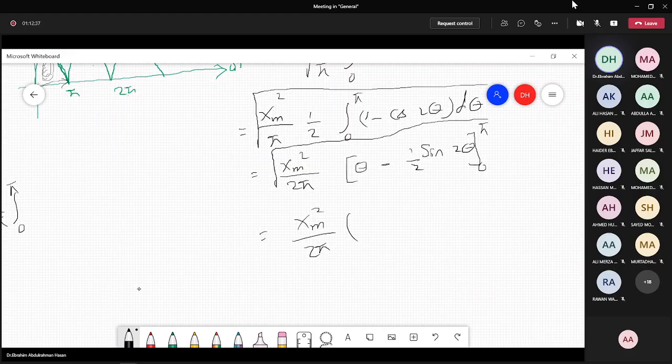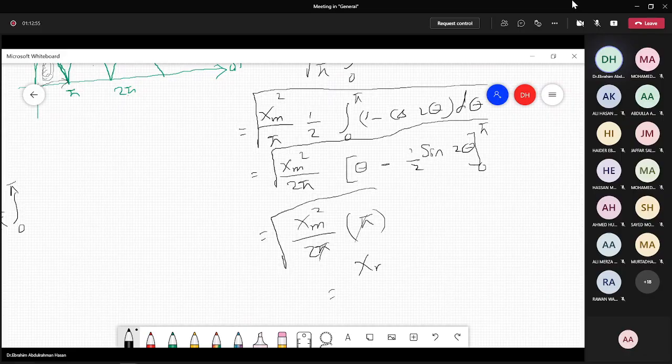So equal to xm squared divided by 2 pi. At pi, this is equal to pi, and sine 2 pi is equal to 0. At 0, this is 0, and at 0 again, sine 2 times 0 is equal to 0. This pi cancels with this pi.